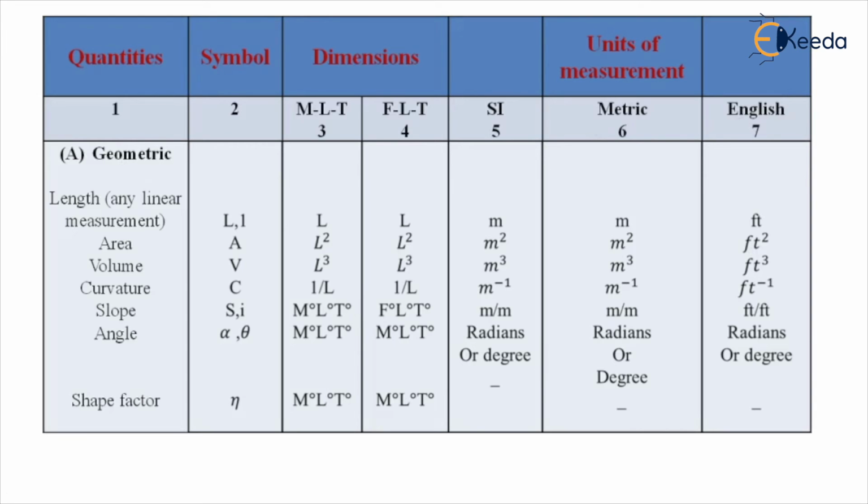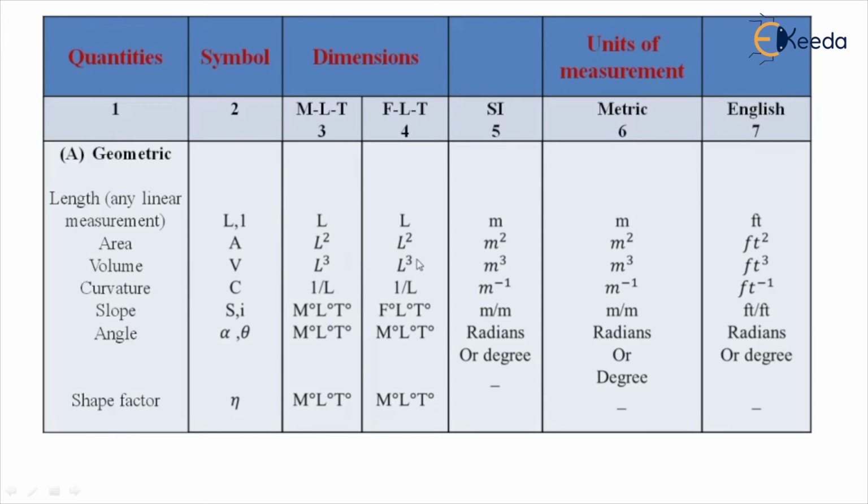Length. It is a linear quantity or linear measurement. The symbol is L. MLT or FLT, both are L. SI unit and metric unit is m, and the last one, English, is in ft, that is feet. Area, that is meter into meter. This is the area.